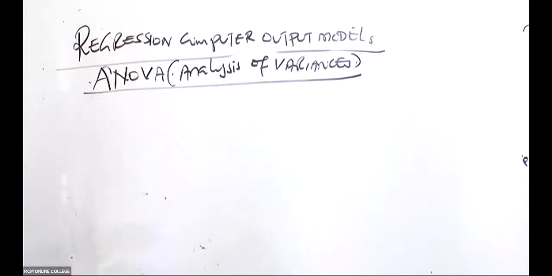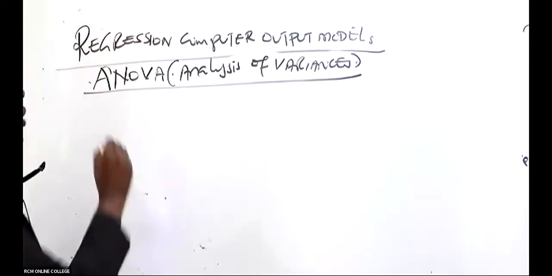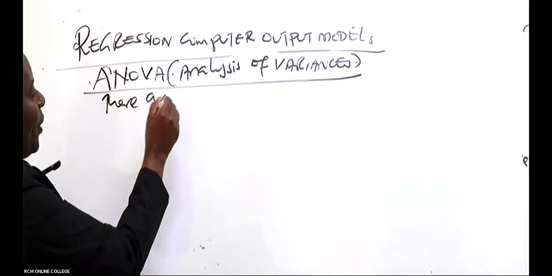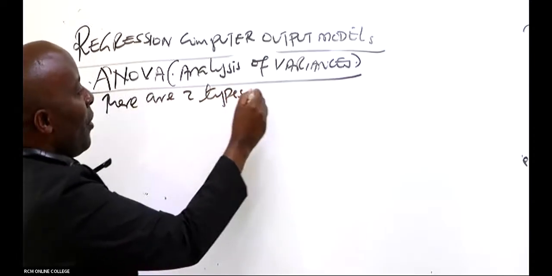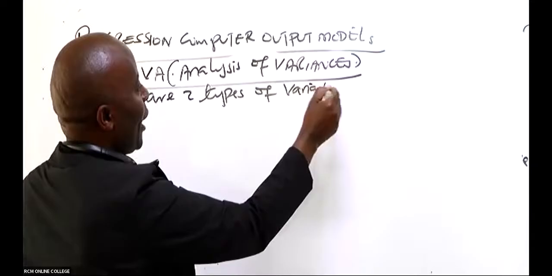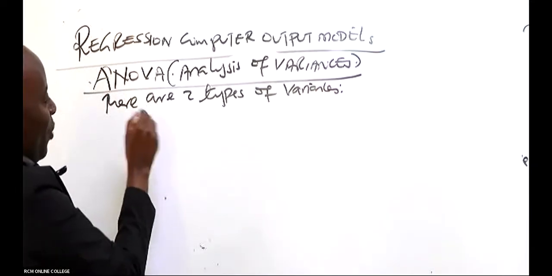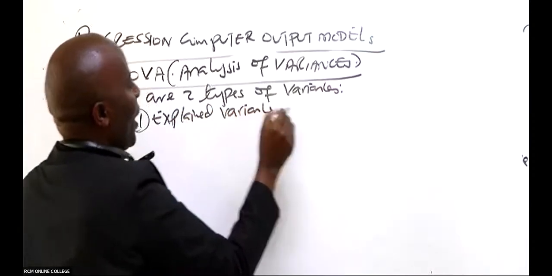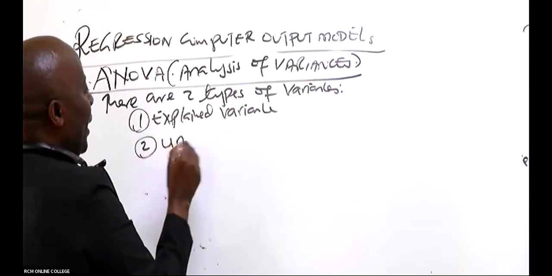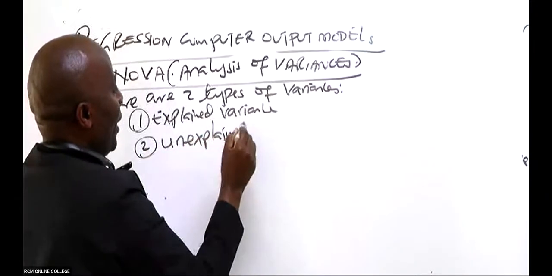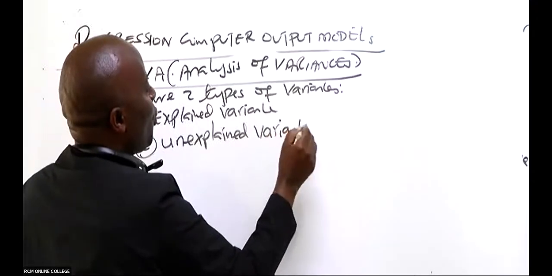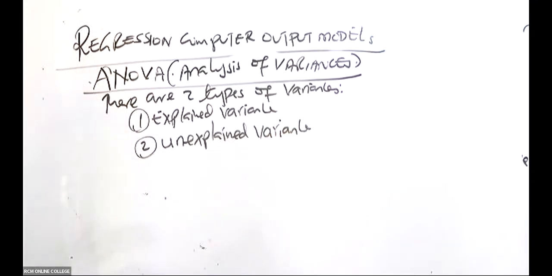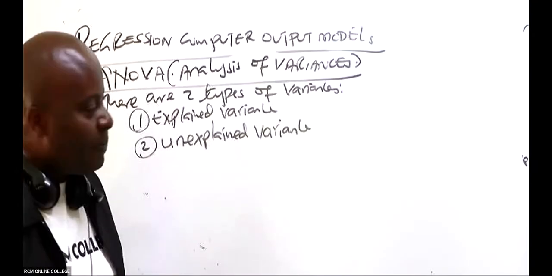There are two types of variances. Number one, we have what we call explained variance, and number two, we have what we call unexplained variance.